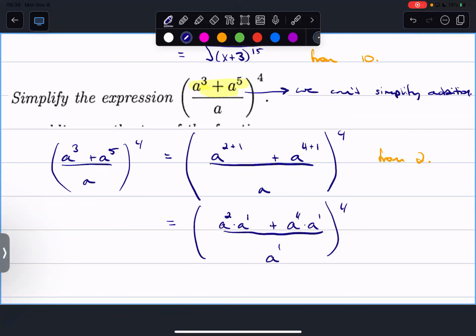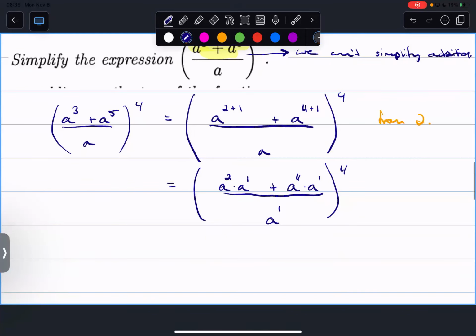And I'll emphasize that a is to the power of 1 down in the denominator for a little bit. This is the opposite way. So this is what allows you to pull out that common a to the power of 1, but also now you can see that you have an a to the power of 1 in each of the terms.